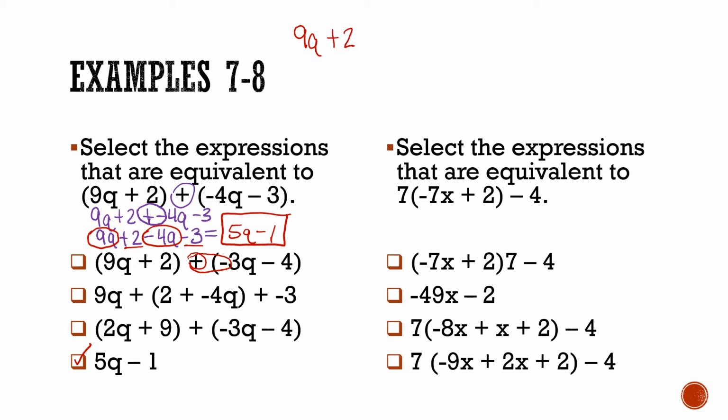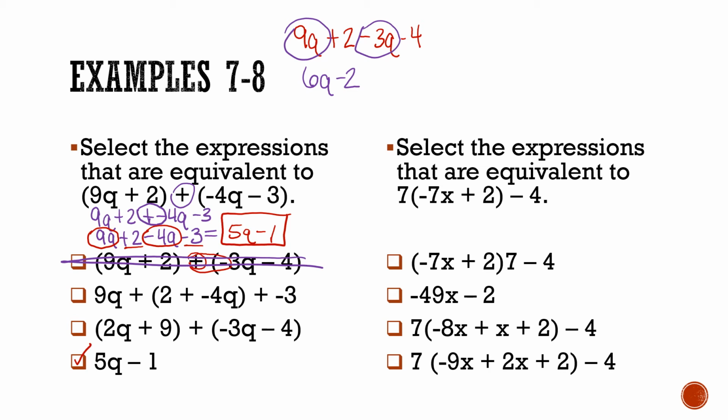Those are not matching signs, so minus 3q minus 4. So your like terms is 9q minus 3q, which is 6q, and 2 minus 4 is negative 2. So that one is not an answer choice that we want to choose because that one is incorrect, 6q minus 2.